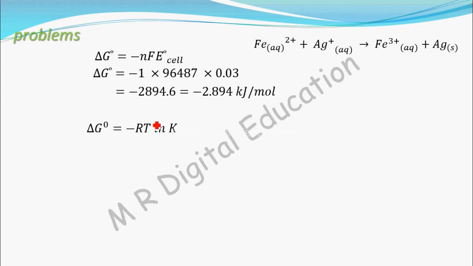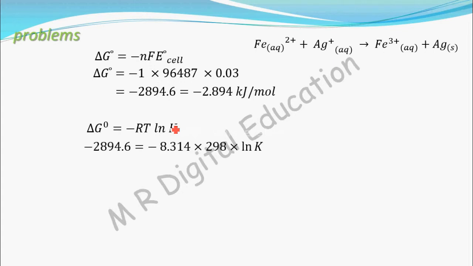Now let's see the equilibrium constant. You know this relation: delta G naught equals minus RT ln K. In this, you know delta G naught and you know the temperature. He didn't give the temperature, so take the standard temperature as 298 Kelvin, and you know the R value, that is 8.314. You have to calculate the K value.